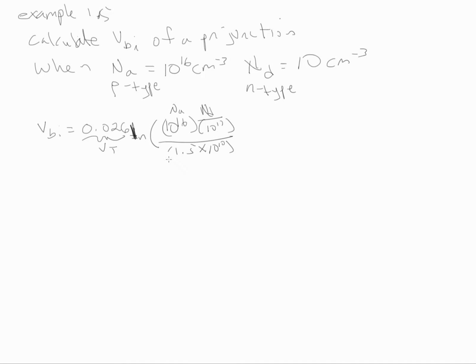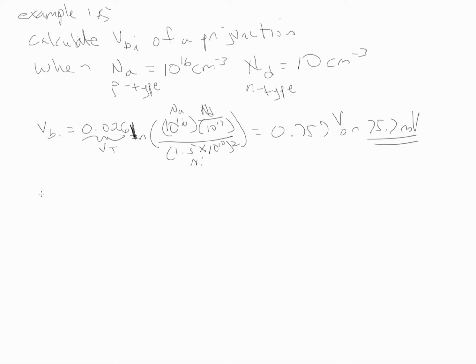And you just shove that all into your calculator. And so this is going to give you a built-in barrier of 0.757 volts, or 757 millivolts, for that equilibrium value of the space charge region or depletion region.